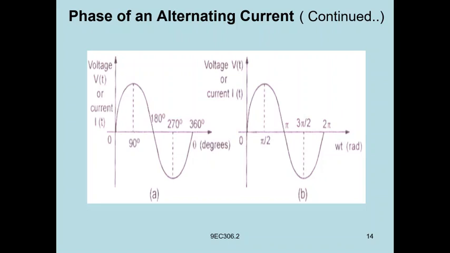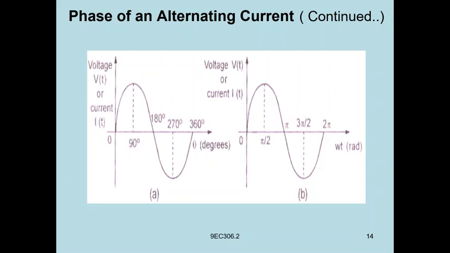For completing one cycle is 360 degrees. The phase can be represented in degrees. And a phase can also be represented in radians, that is 0, pi by 2, pi, 3 pi by 2, 2 pi. For completing one cycle, 2 pi radians is required.